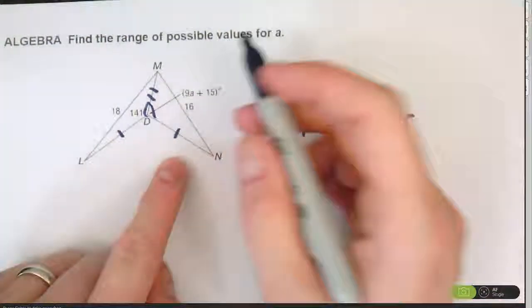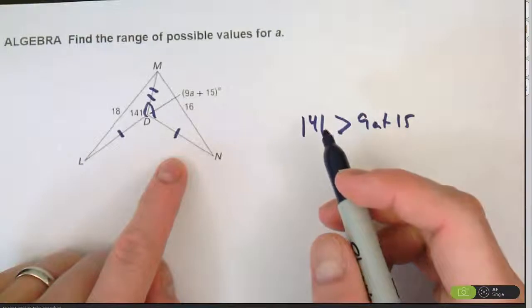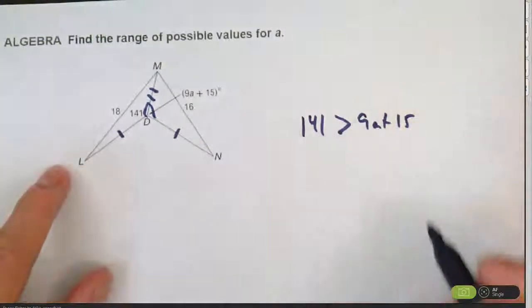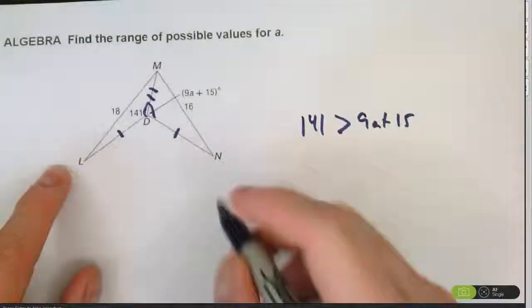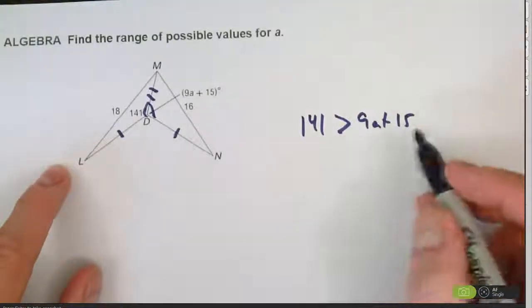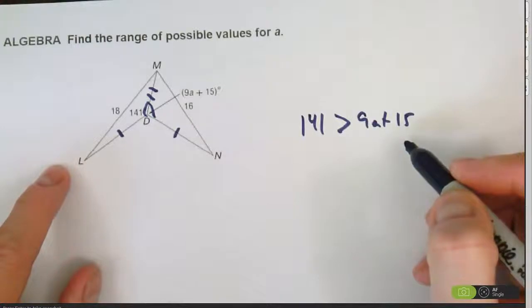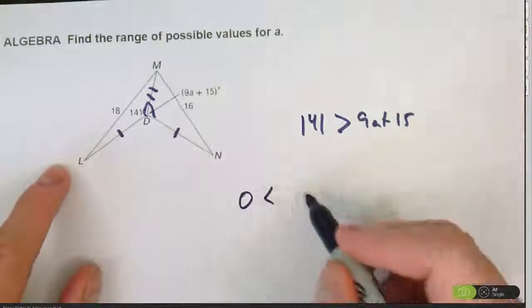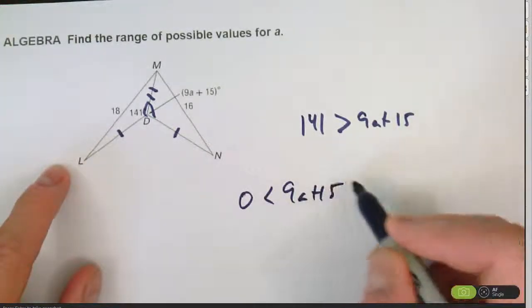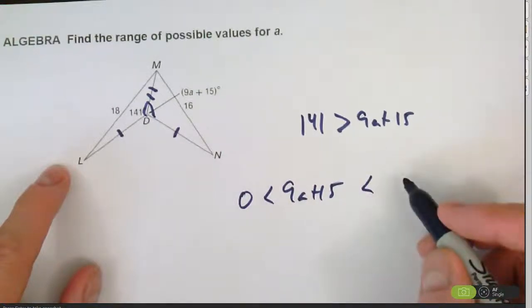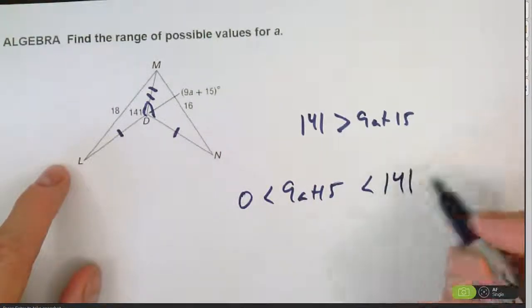Now it says, find the range of possible values for A. Basically, that means we have to figure out what A could be between. And the key is the angle can't be 0 either. So we know that 9A plus 15 has to be greater than 0, and it has to be less than 141.